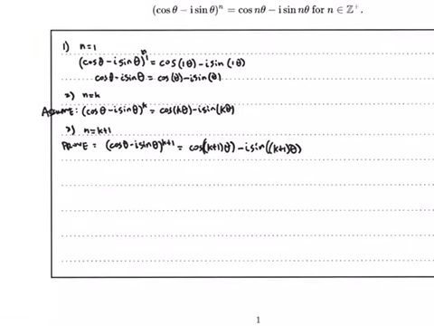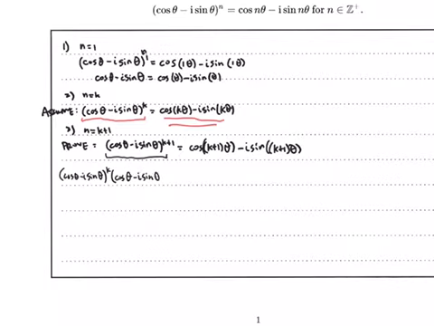Okay, so the first step to doing this is to somehow expose this expression, because then we can use this and we can work from there. So what I'm going to do is rewrite this as cosine of theta minus i sine of theta to the k power times cosine of theta minus i sine of theta to the first.